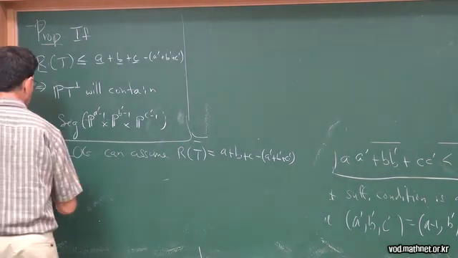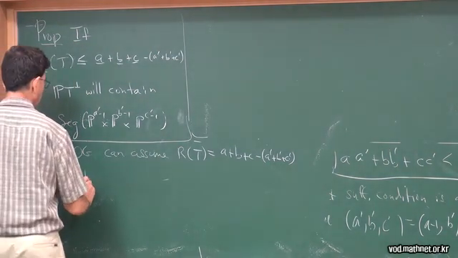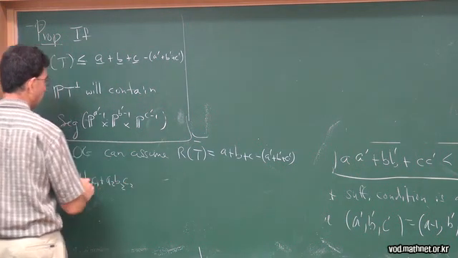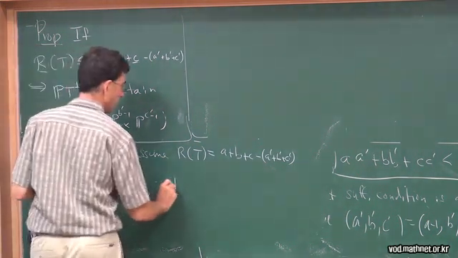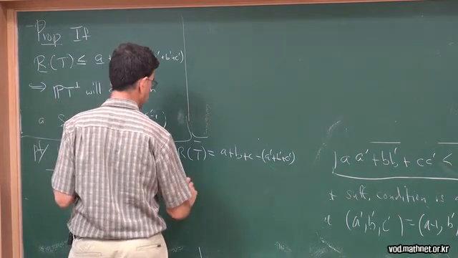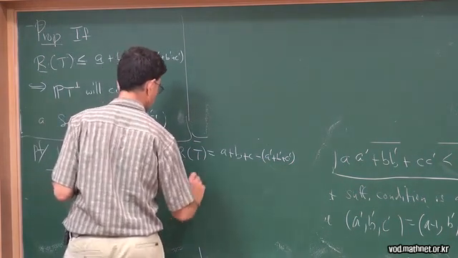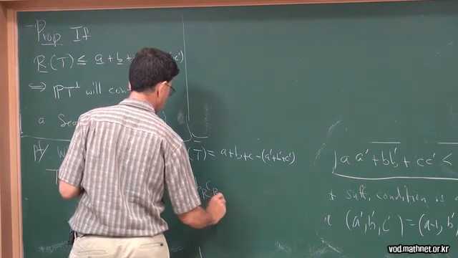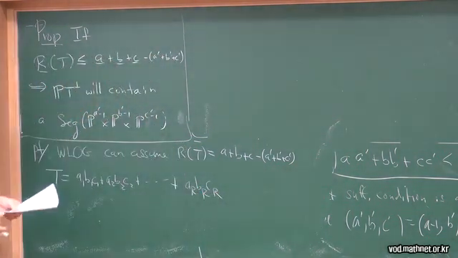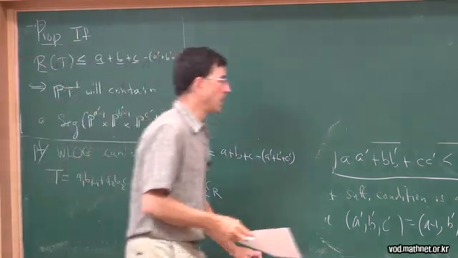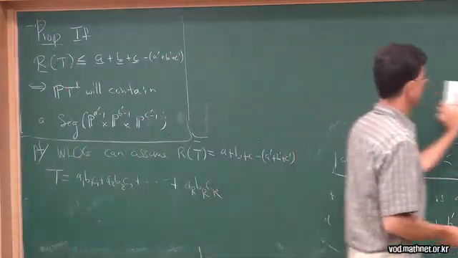So let's write out T. This is some A1, B1, C1 plus A2, B2, C2, I dropped the tensor product signs, plus and so on up to R, where let's just call this number R. And all these are some vectors in A. I don't know anything about their linear independence.